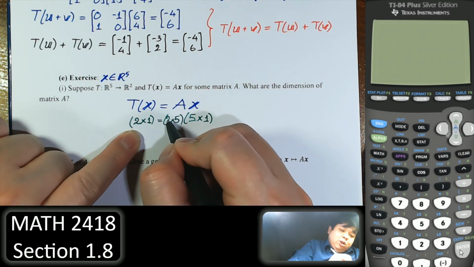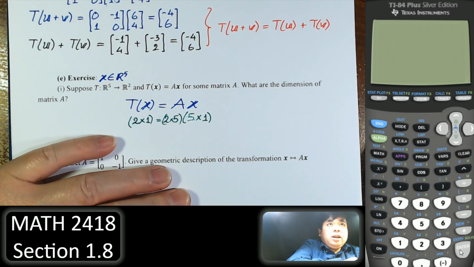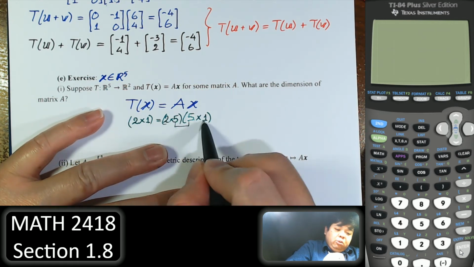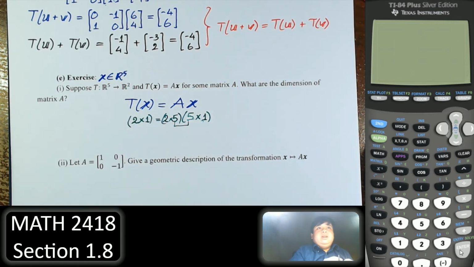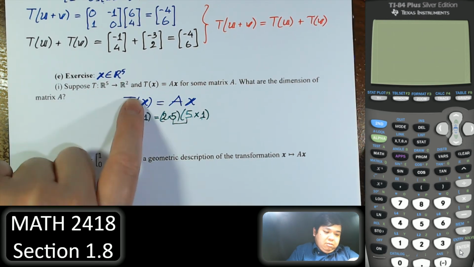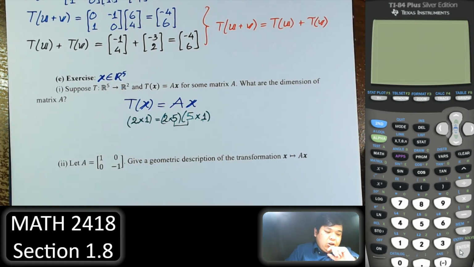So this has to be 2 by 5. The middle numbers match, and then 2 and 1 give the dimension of the matrix in R2.